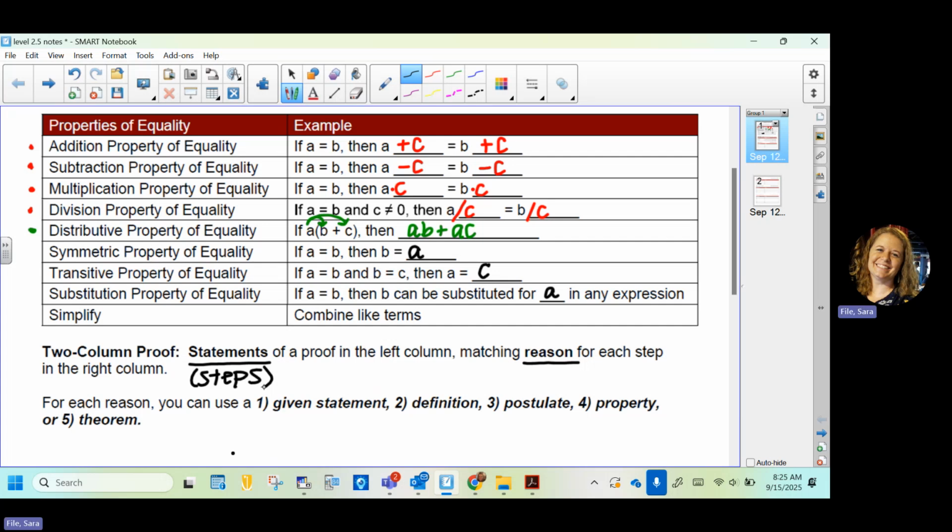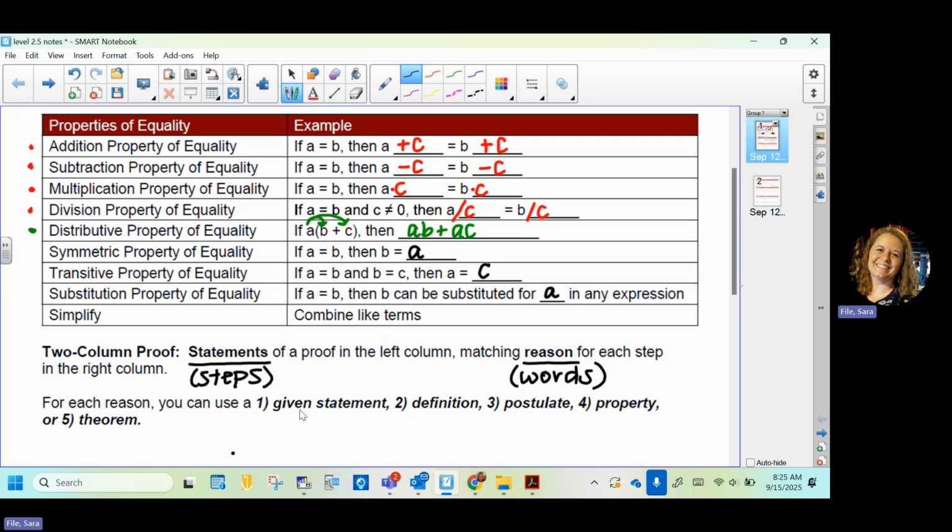And then the reason, that's going to be in words, okay? You're going to put distribution or addition or subtraction or whatever it is that you did on that step. You're going to put the word explanation. You can always use for your reason given.